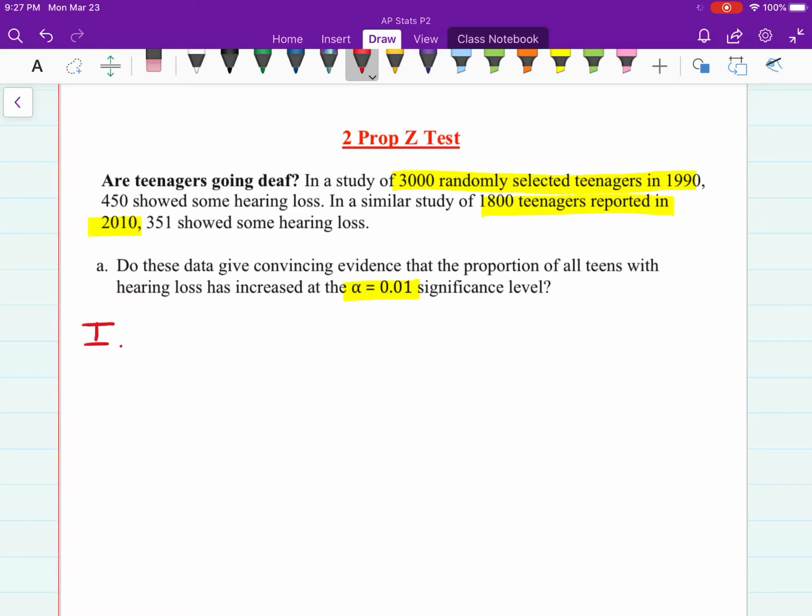So step 1. We just got through 2 lessons where we were writing we want to estimate, but since we're not doing a confidence interval, we're doing a hypothesis test. We want to test a claim about.